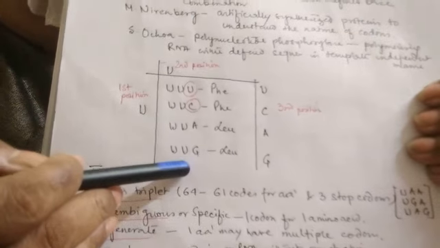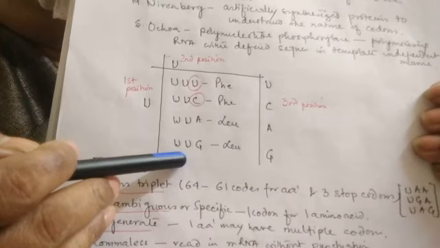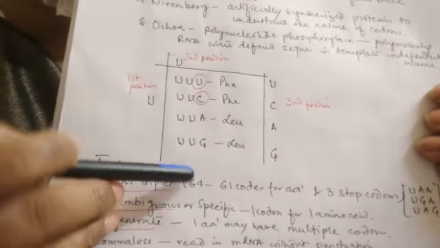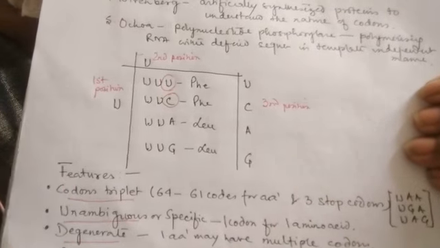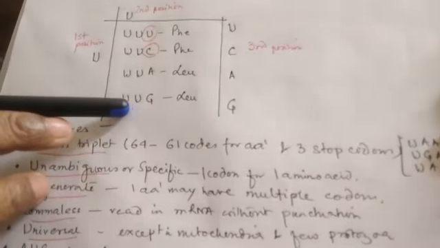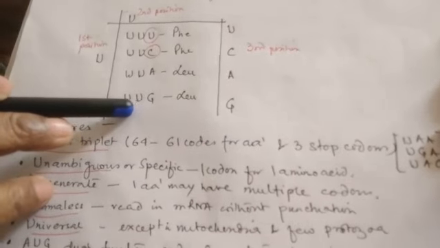So likewise codes are formed. Now next we will go for the various characteristics of codon. Now what are the characteristics of codon? First of all, there are 64 codons, and codons are triplet. That means all codons contain 3 nucleotides.